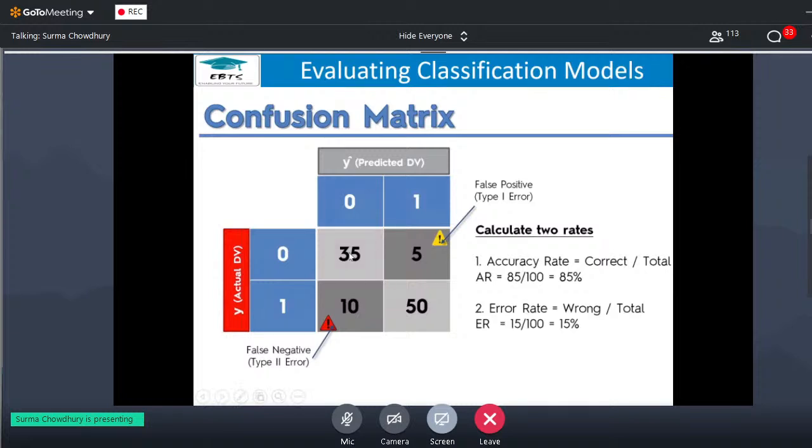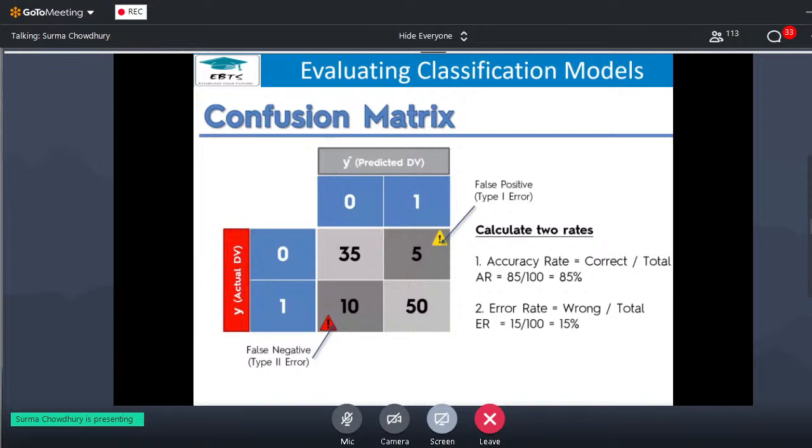Now look at this 50. We have 50 samples where he is going to buy the car, and the model also predicted that he is going to buy the car. These are correct cases because the prediction and the actual values are the same.